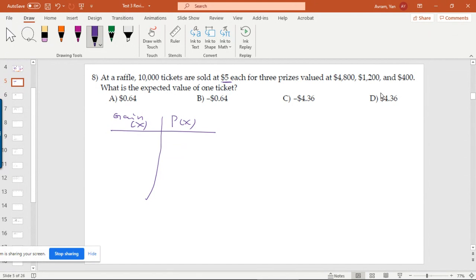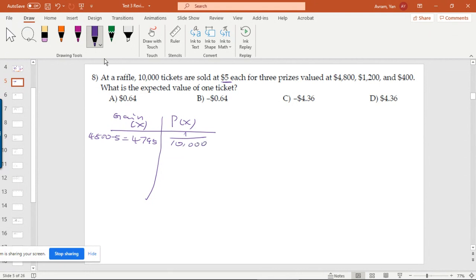If you win the first prize, how much do you get? Well, you're going to have 4800 minus 5, because you have to pay the $5 ticket, so you have 4795, and the probability of winning the first prize is only 1 out of 10,000.